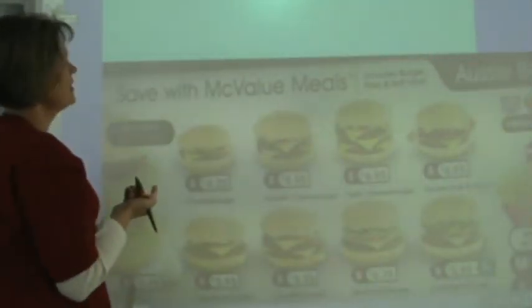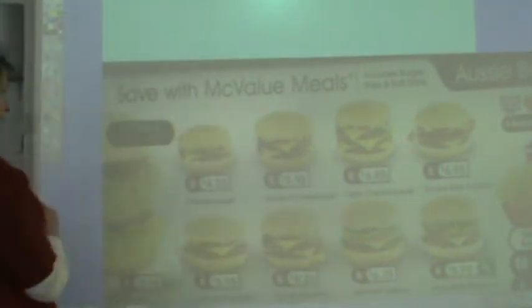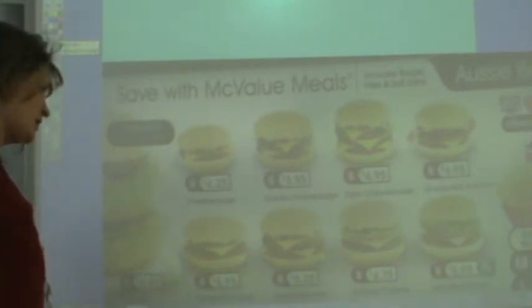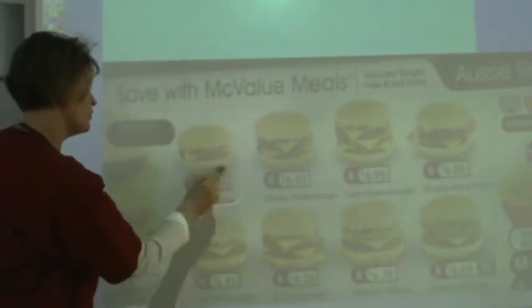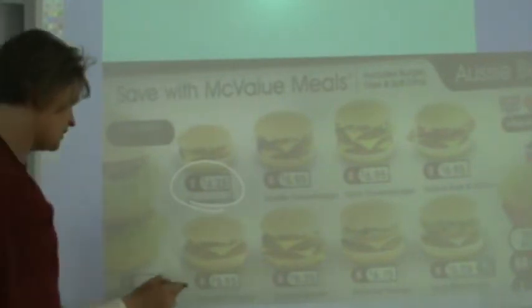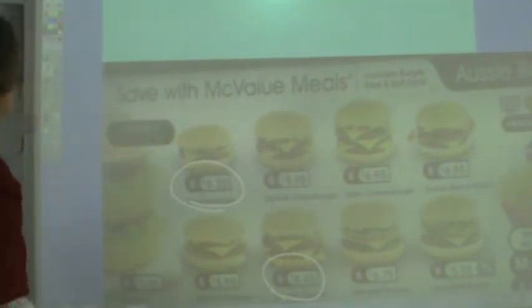Okay, prices of McDonald's burgers in Australia. Okay, so we need to find our lowest price, which it looks like is $4.25 for the cheeseburger. And the most expensive looks like right here, $8.25, the double quarter pounder.